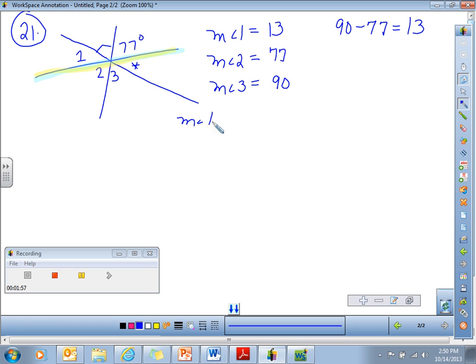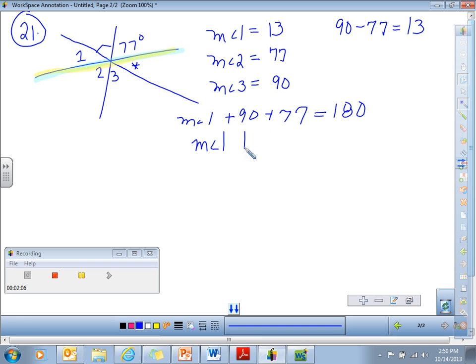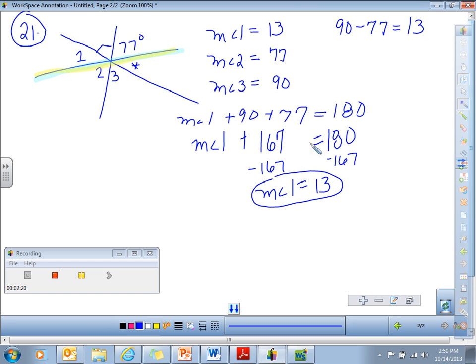The measure of angle 1 plus 90 plus 77 is equal to 180. So what's 90 plus 77? 167. Subtract that on both sides. So the measure of angle 1 is equal to 13. So either way.